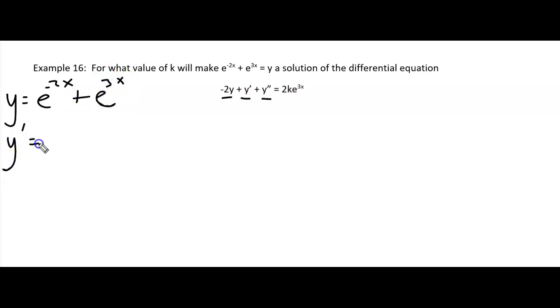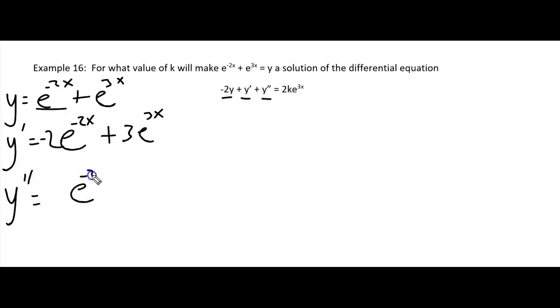Y prime, if you take the derivative, you're going to get e to the negative 2x again, but you multiply the front by the derivative of the power, which is negative 2, plus 3e to the 3x. And then y double prime is the same thing. You get e to the negative 2x again, multiplied by the derivative of the power again, so you get 4, plus 9e to the 3x.